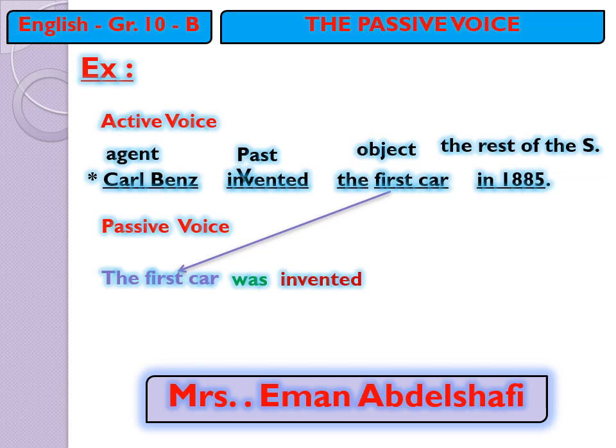The past participle of invent is invented. By Carl Benz. He is a famous person, so we are going to write it. The rest of the sentence, in 1885.